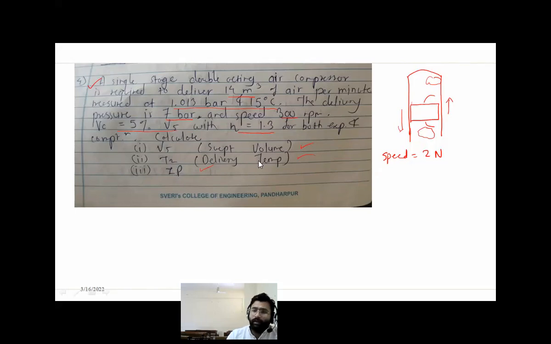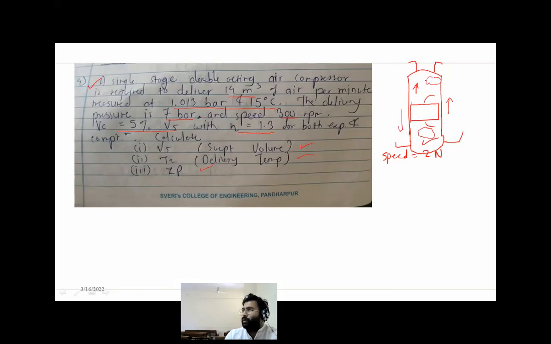So see here, this is a double acting compressor. That means if this is a piston cylinder assembly, the piston will compress the air on both sides. So here it will compress, and there will be a suction valve and discharge valve here, and it will compress the air on this side also. So here again there will be a suction valve and a discharge valve. This way the piston will act.